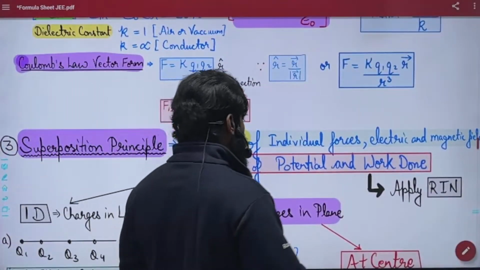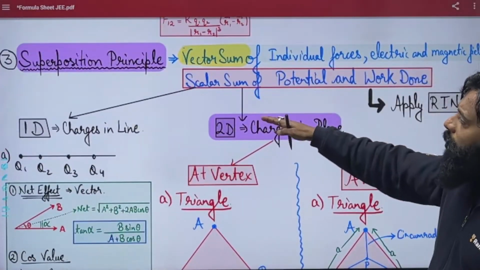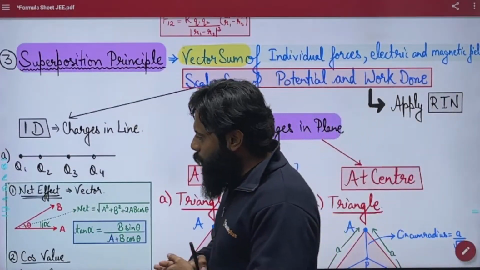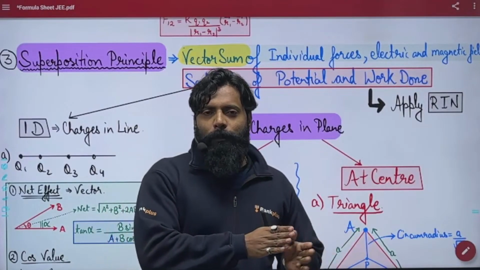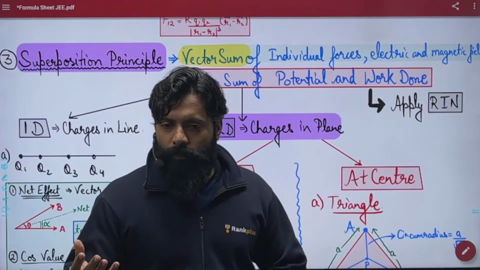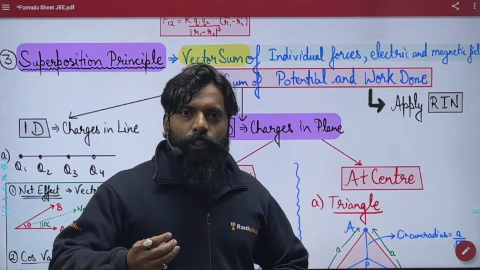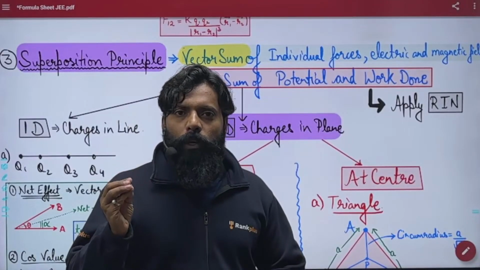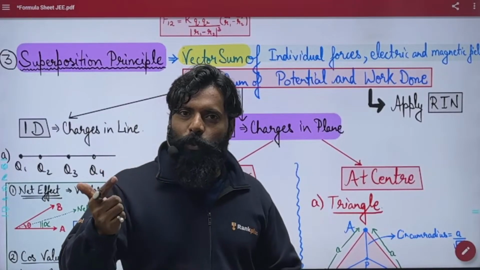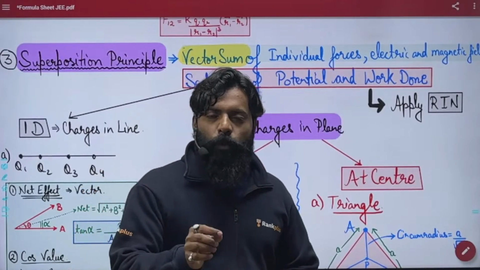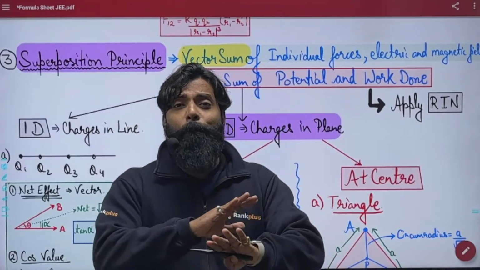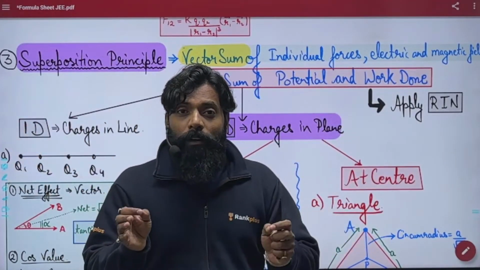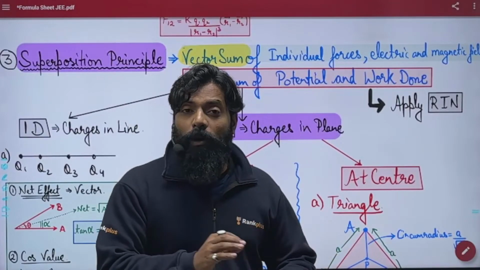In vector form, it's now for a superposition. As I told you, in superposition there are multiple concepts in physics which you have to study, but there are very few limited approaches which you must know. And what are those approaches? The approach is very, very simple: you do not have to see the picture given by the question, you have to see the pixels.